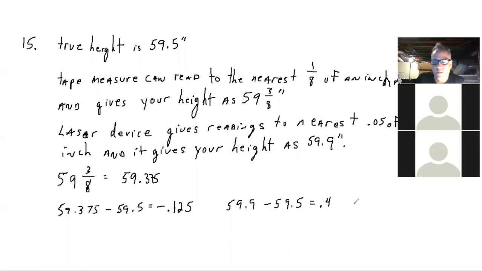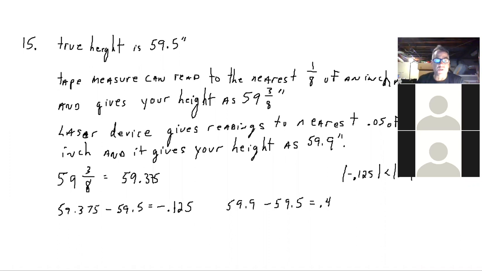Take the absolute value of each, so I get that non-negative result. The absolute value of negative 0.125, which would be 0.125, is less than the absolute value of 0.4.